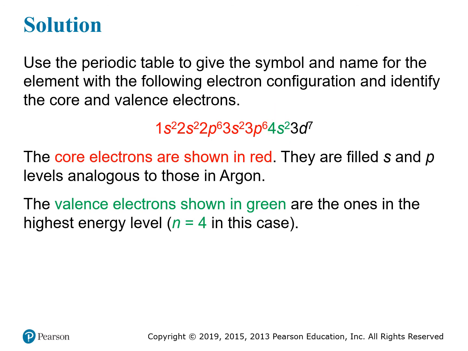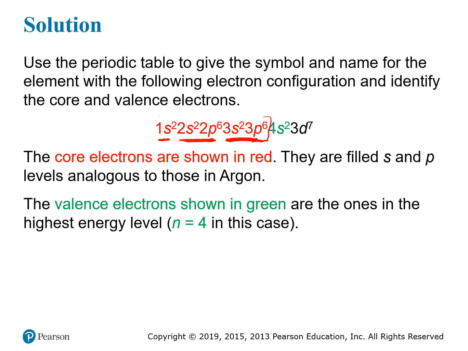The core electrons are the electrons that are in the filled, central, lower energy levels, but really they're the electrons that have the same configuration as the noble gas. They're the ones that you would abbreviate with the noble gas symbol. So here we have a filled n equals 1 energy level, a filled n equals 2 energy level, and then the filled 3s and 3p sublevels, right? And that would bring you up to argon.